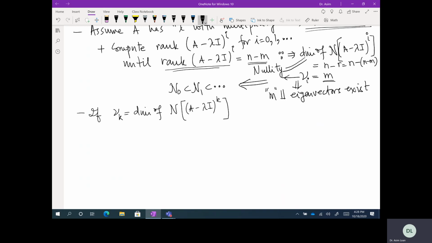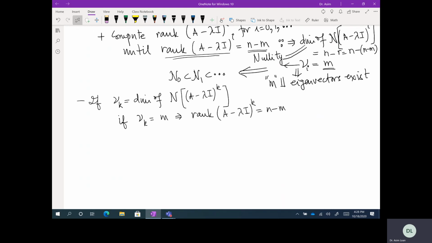So if this is m, then this implies the rank of (A minus lambda I)^k is n minus m. Okay, so we need to compute this difference. So this is the dimension of the null space of k, and this is the dimension of the null space of k minus 1.